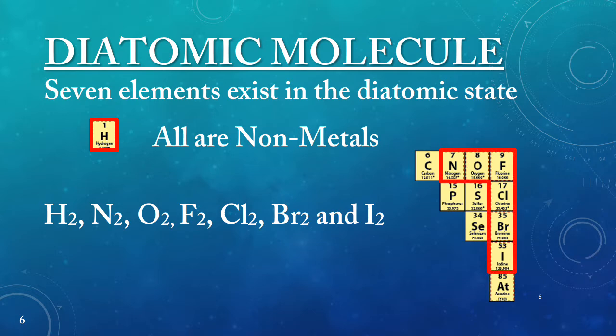So I start with nitrogen, oxygen, fluorine, chlorine, bromine, and iodine. If you look at all of these elements, you can see that they have just a 2 after them, which means that they have 2 atoms. So H2, N2, O2, F2, Cl2, Br2, and I2. So those are all my diatomic molecules.